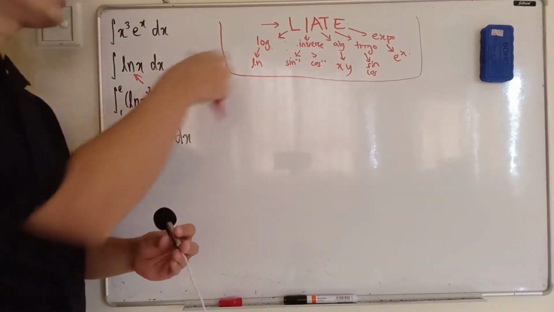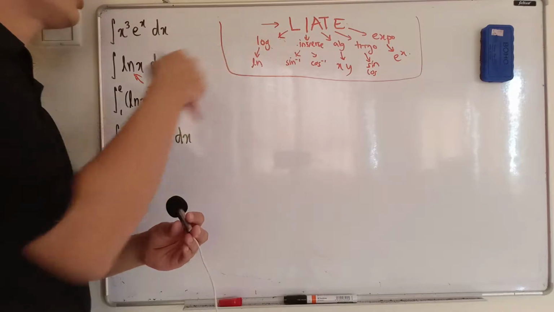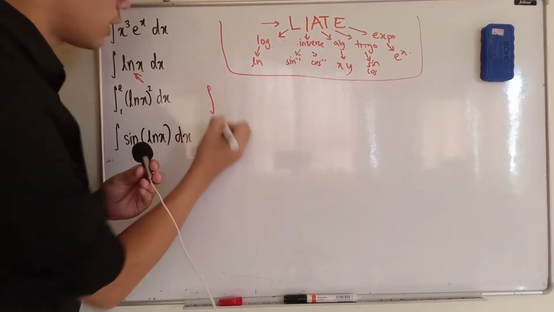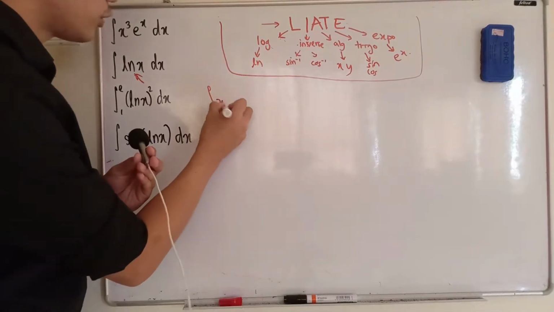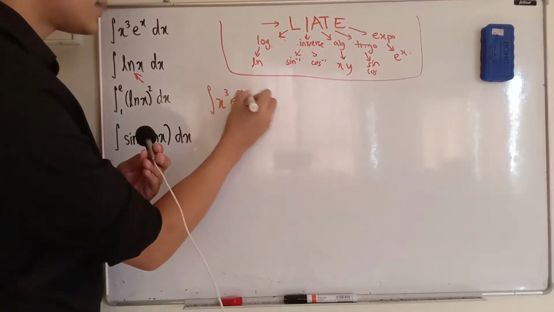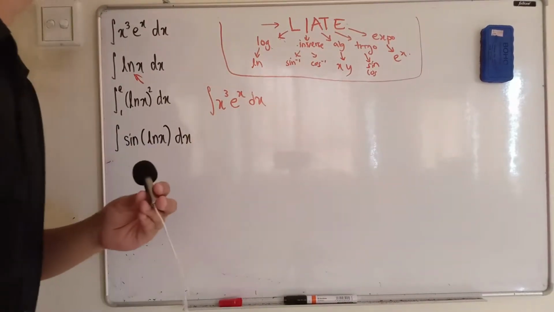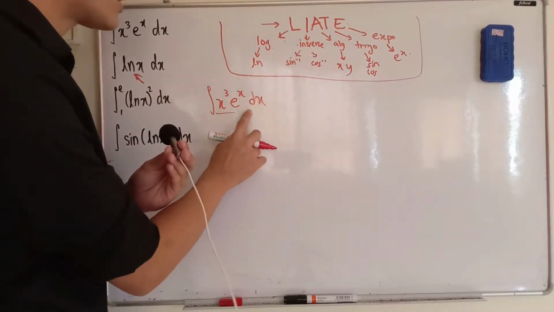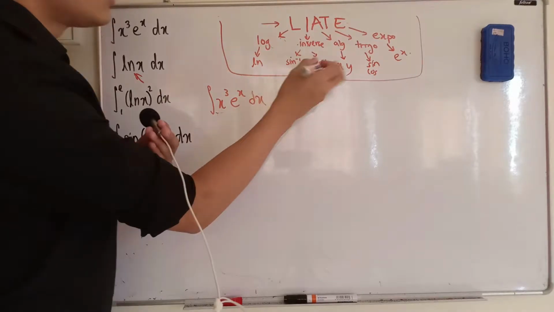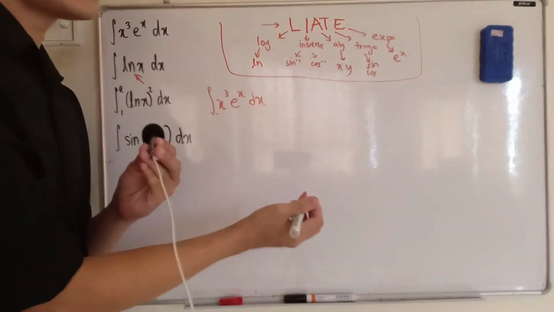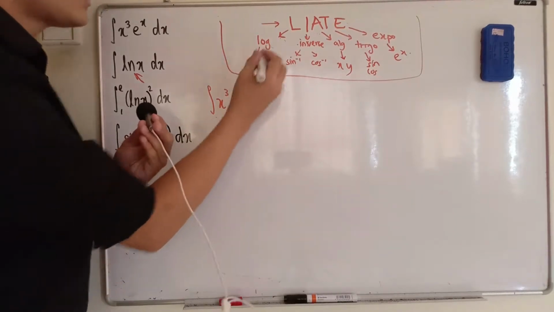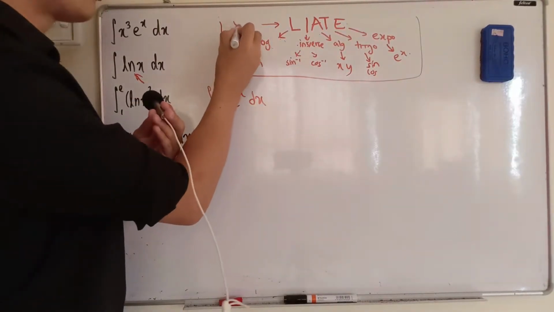Now we do our first question, which is to integrate s cubed e to the power s ds. You need to follow LIATE to see which one to prioritize first. LIATE is used to choose your u.